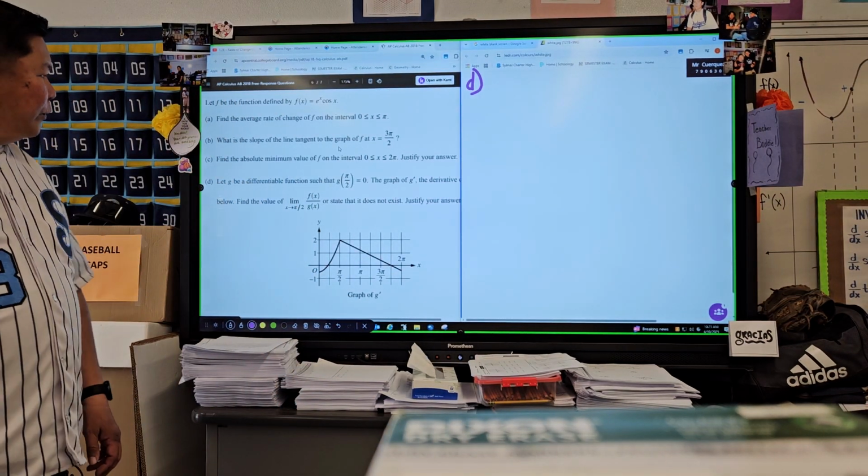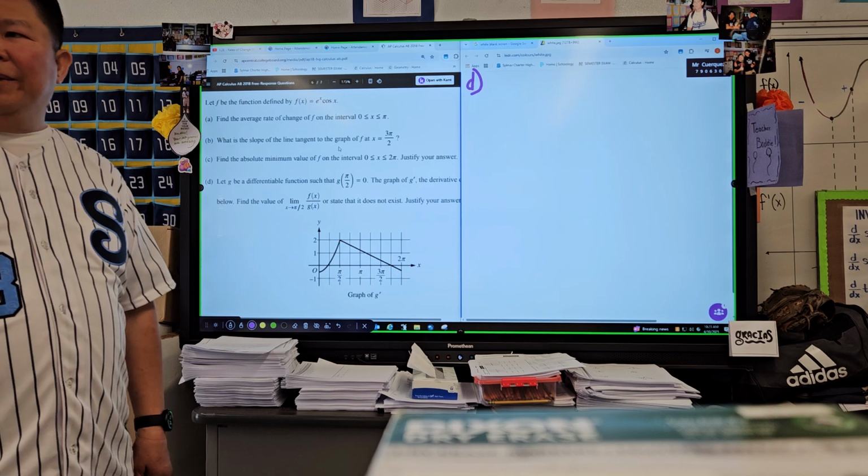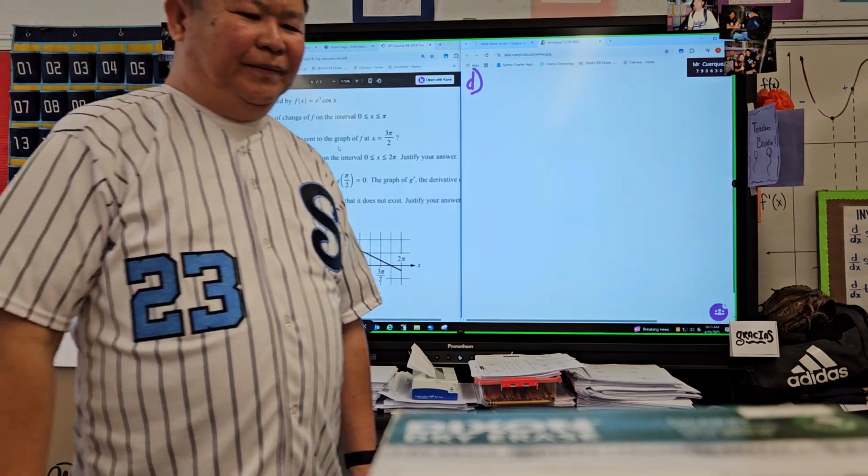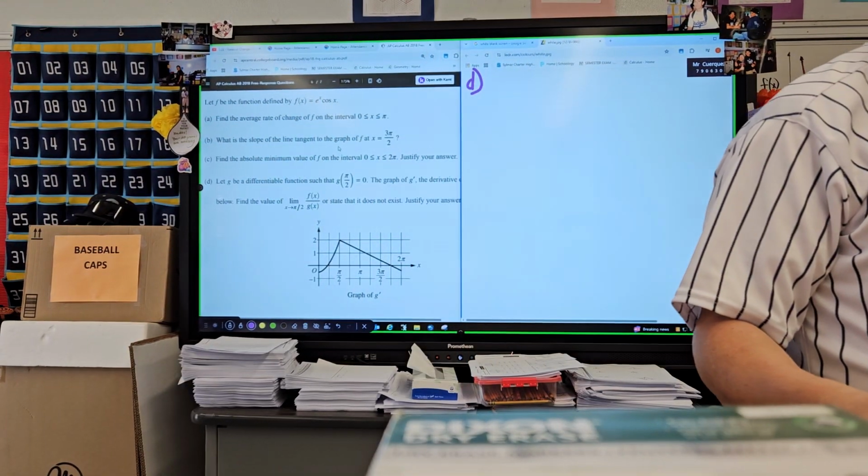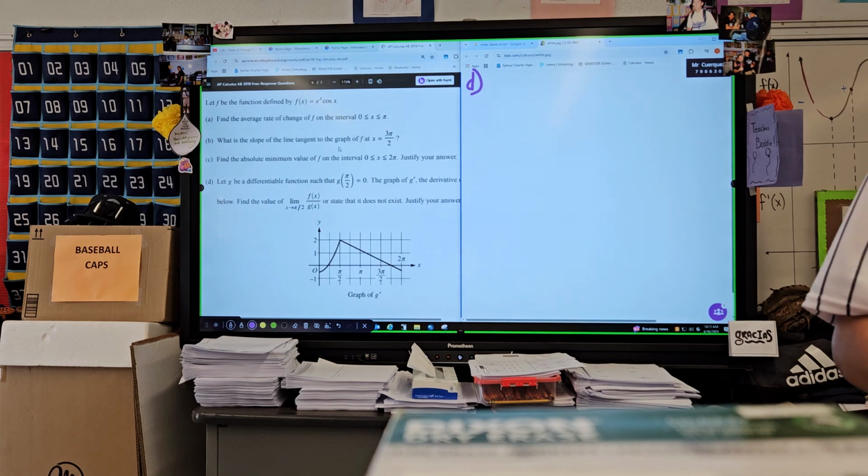Tyler, can you read problem D, please? Let g be a differentiable function such that g of pi over 2 equals 0. The graph of g prime, the derivative of g, is shown below. Find the value of the limit of f of x over g of x, or state that it does not exist.